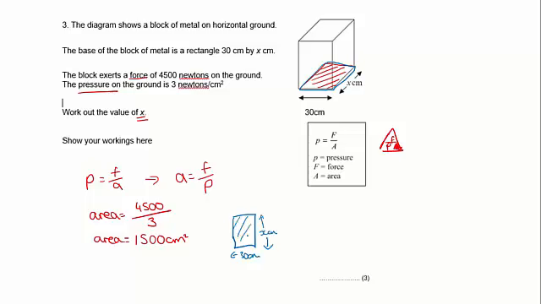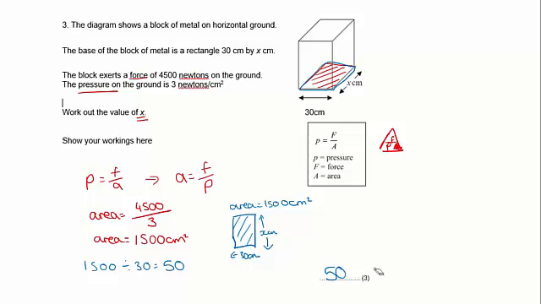And we know that the area of this is 1,500 centimetres squared. So working backwards to find what x is, we can do 1,500 divided by 30, which is 50. So our rectangle is 50 centimetres tall, so x is 50.